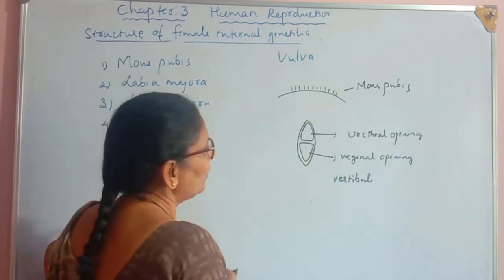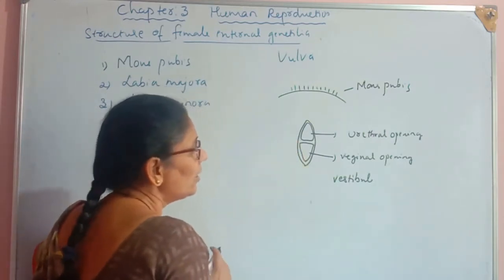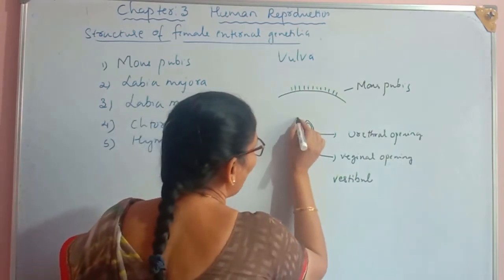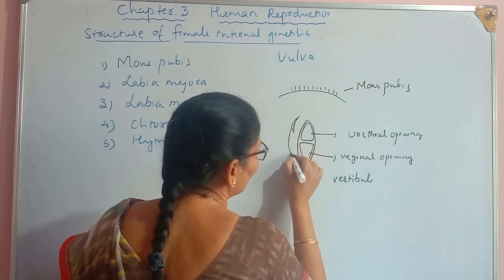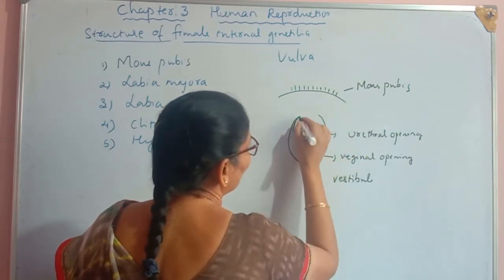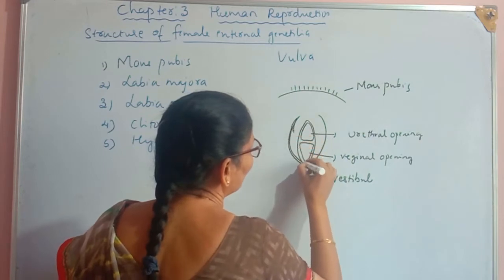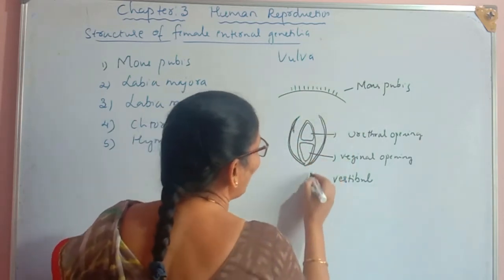Next we will discuss the membranes which surround these structures. There is a paired membrane-like structure. These two paired membrane structures are called the labia minora.